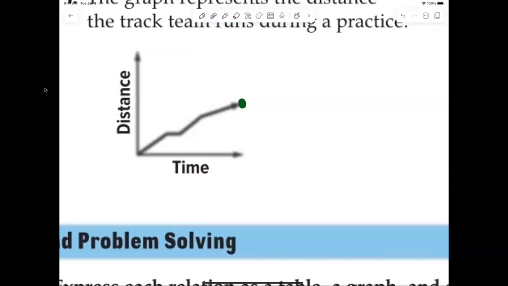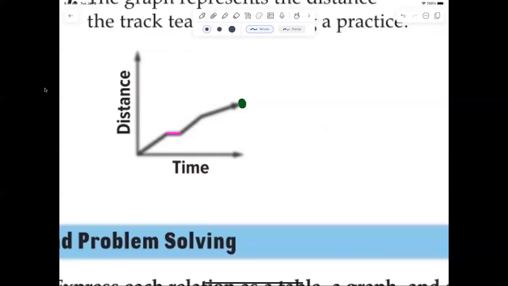From here to here, let me highlight something for you. From here to here, what's happening? They had a break. You're exactly correct. Why did they get a break?